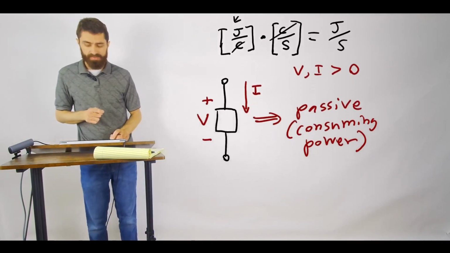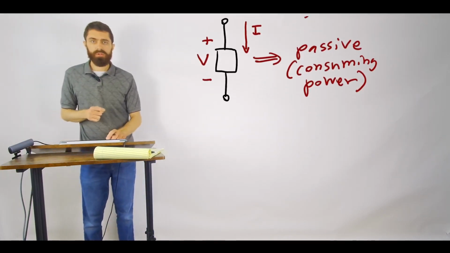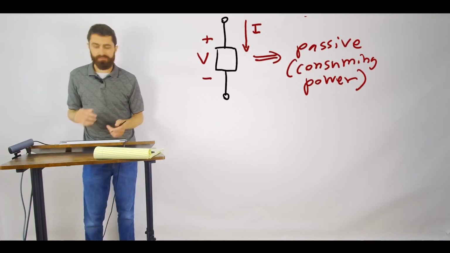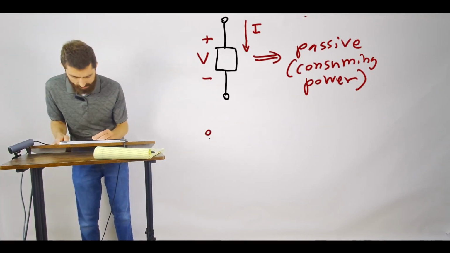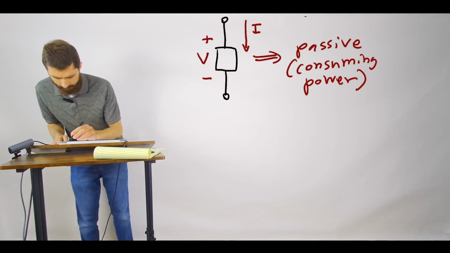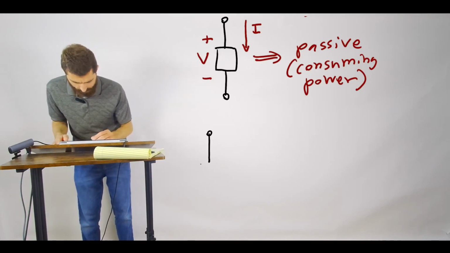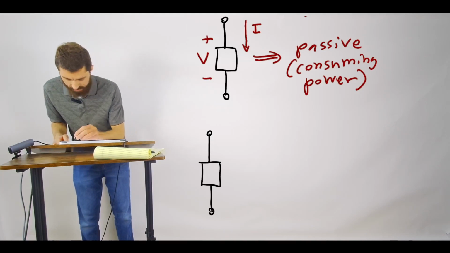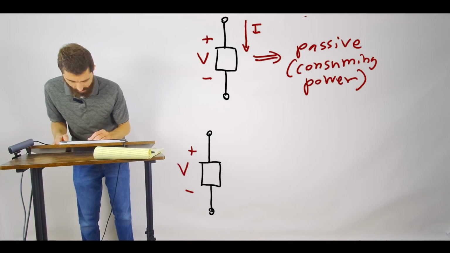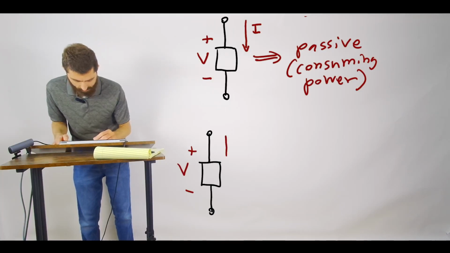But think about how that would be different if you had, again, a component you don't know what it is, but you do know there's a voltage V across it, and you know that there's a current I that's flowing this direction.